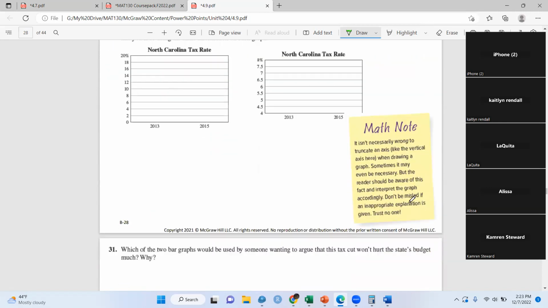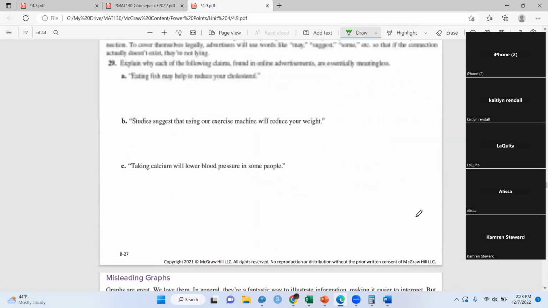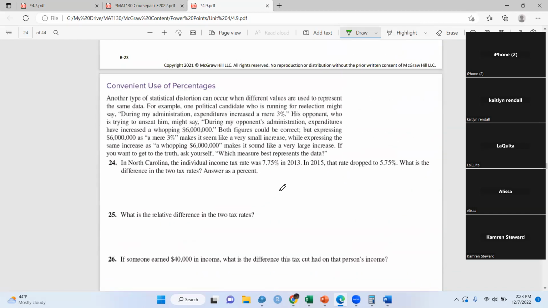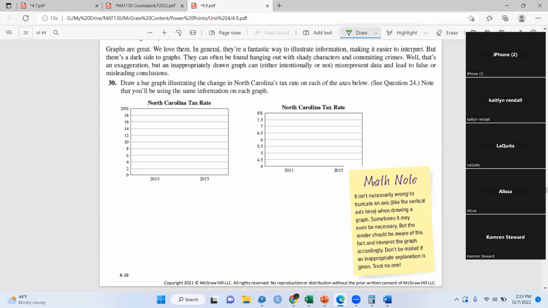And what we're going to do is draw the information back from question 24. So in 24, we're told that in North Carolina, the individual income tax rate was 7.75, and then it was 5.75 in 2015. So it was first 7.75 here, and then it was 5.75.